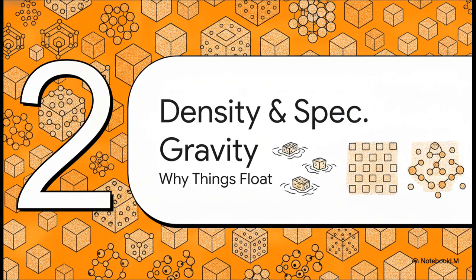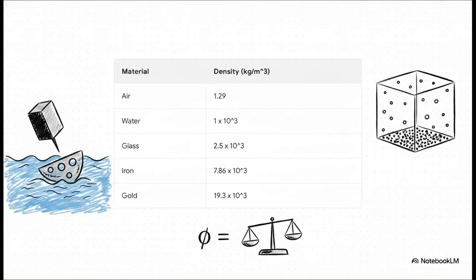Moving right along to Section 2. Density and specific gravity, or simply put, why things float. So we're shifting gears a bit from how materials bend to how tightly packed their microscopic building blocks actually are. Density is basically just how mass is packed into a unit volume, just mass divided by volume. If we check the numbers here, water sits at 1,000 kilograms per cubic meter.